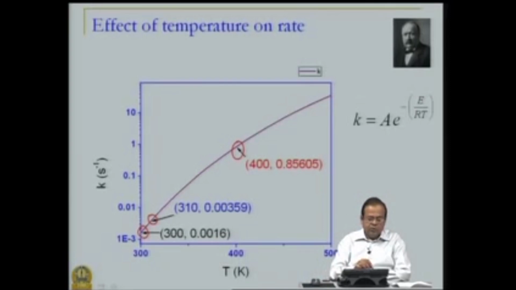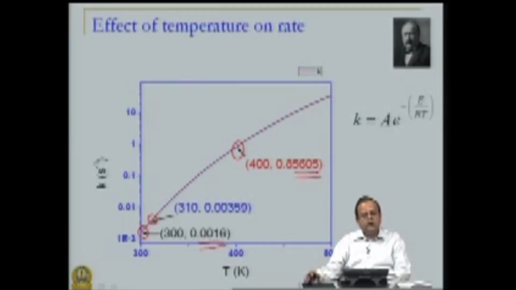The increase in temperature is only 33%, but look at what has happened to my rate constant. The increase is now 2 orders of magnitude, or 100 times, and this difference goes on widening as we increase the temperature.